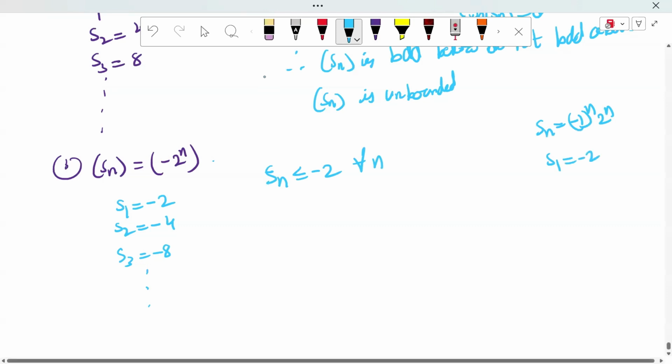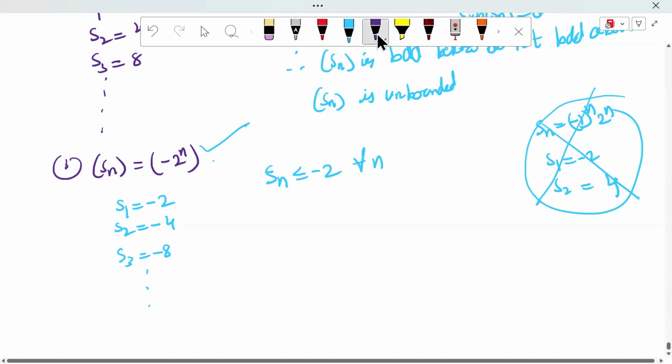S1 is equal to minus 2, S2 is equal to plus 4, sir. Is it clear? Okay. Right. So the supremum of Sn is equal to minus 2. Infimum of Sn does not exist.